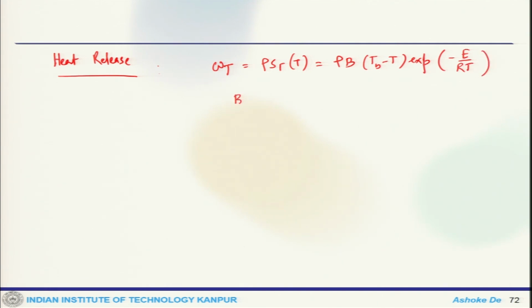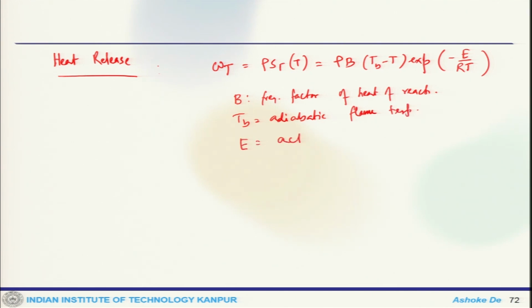Here B is the frequency factor, of heat of reaction, Tb is the adiabatic flame temperature, and E is the activation energy.